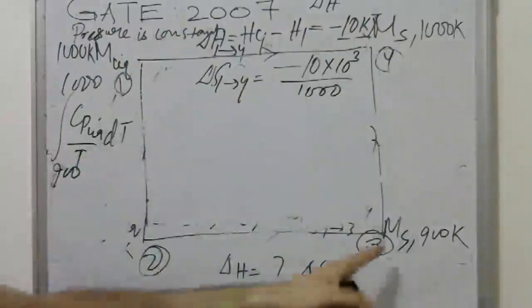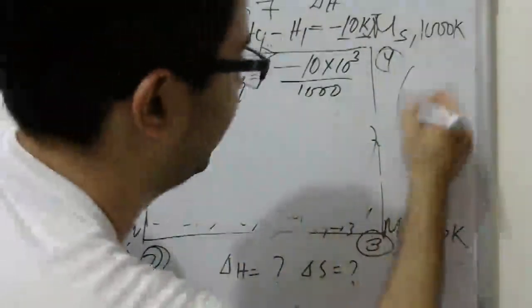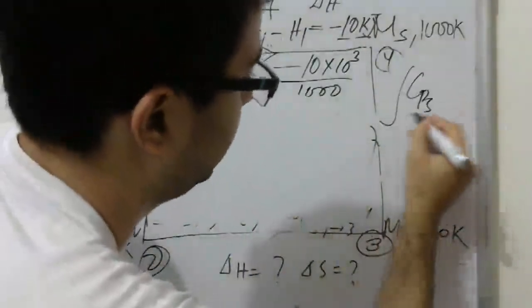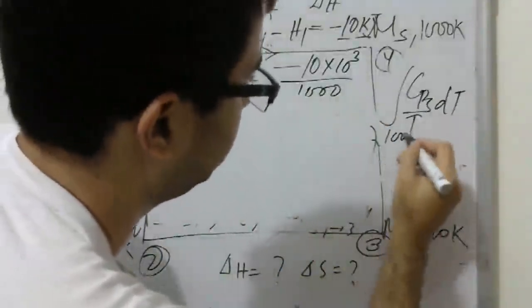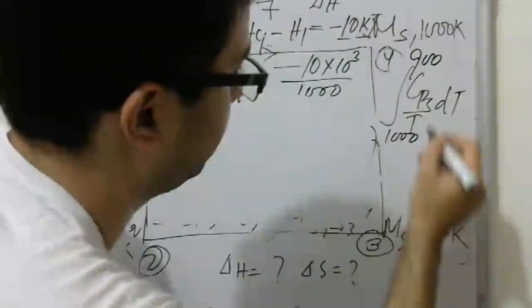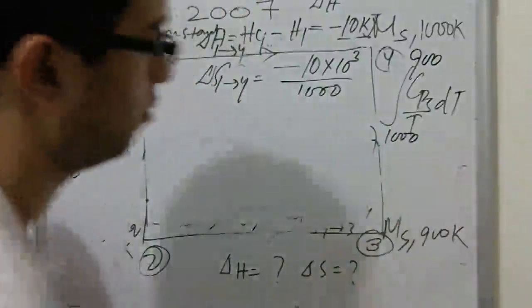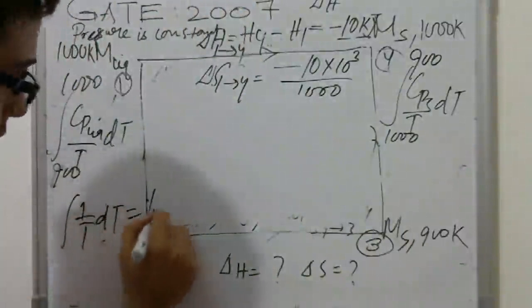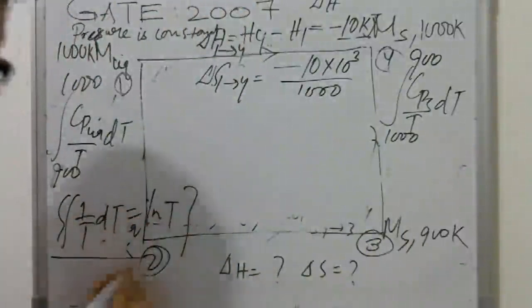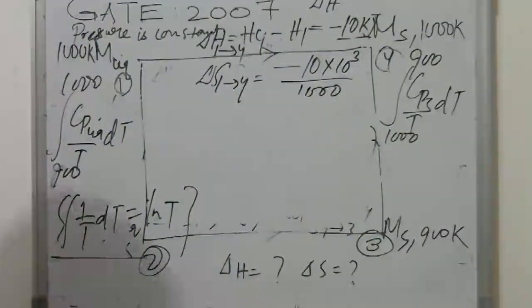Okay, and the third part for the same, it is integration Cp solid by T dT. It's from 1000 K to 900 K. Okay, fine. So integration 1 by T dT is ln T, right? I hope you didn't forget your class 12 mathematics. So integration 1 by T dT is ln T. That's what we use here.